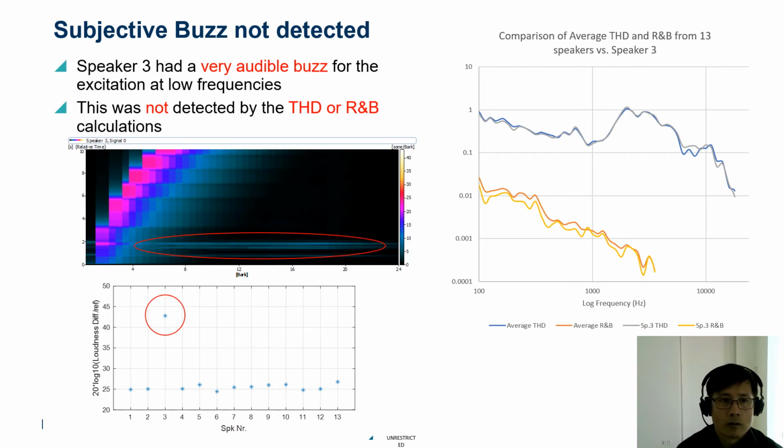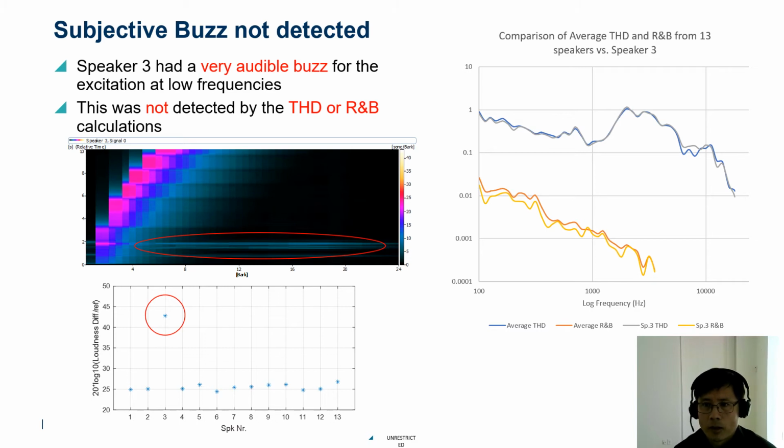That was loudspeaker 3, which had a very audible burst during the excitation. To confirm that the traditional measures cannot detect this event, we compared the average THD and Rub and Buzz from the 13 loudspeakers with the result of speaker 3.